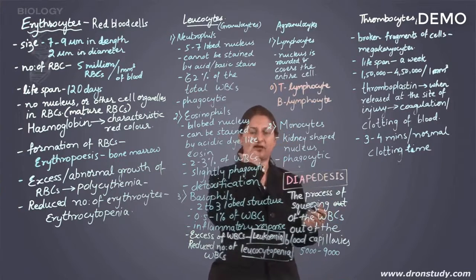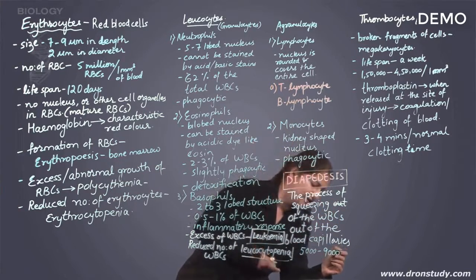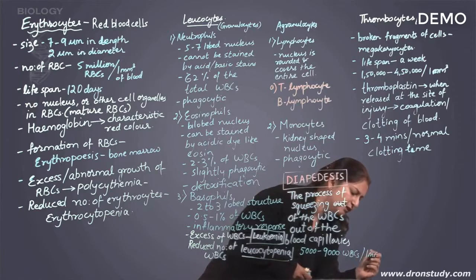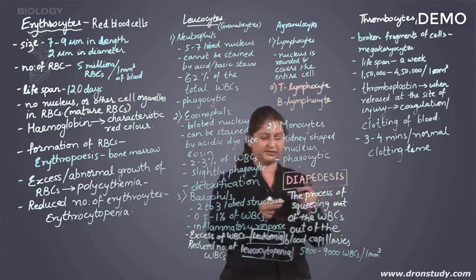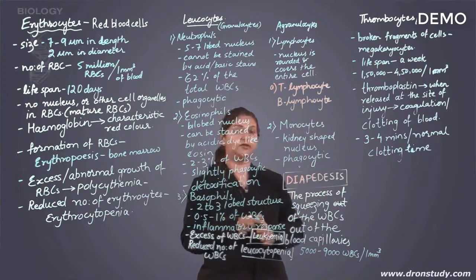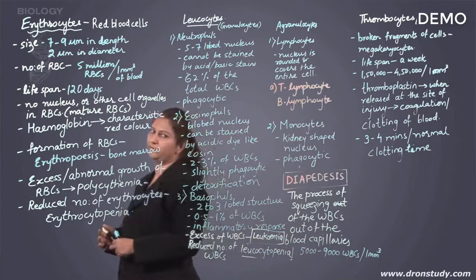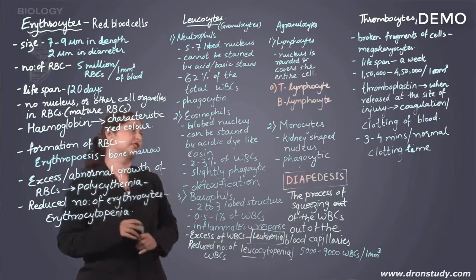So on an average, it is 5 to 9,000 WBCs per cubic mm. Now that is the amount required for a healthy person. That many WBCs should always be there in circulation.